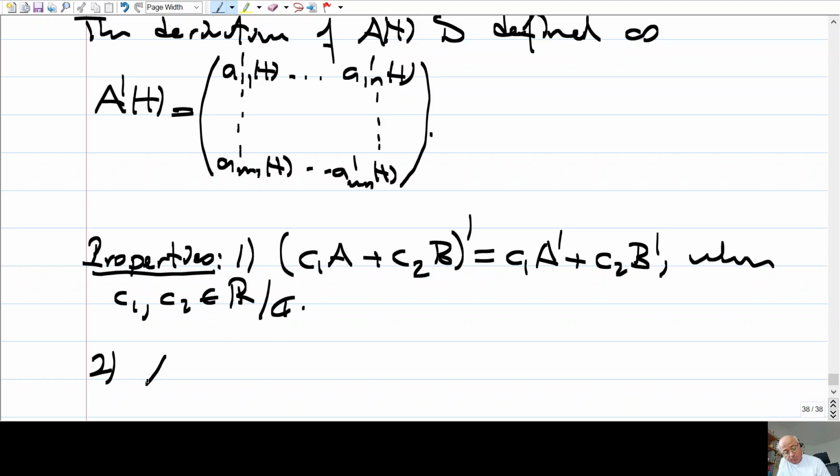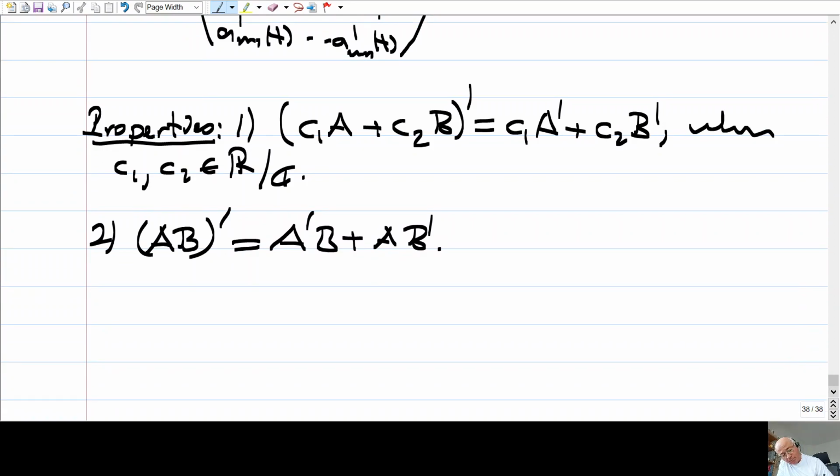What about products? If you have two matrices which can be multiplied, then the derivative of the product will be just A prime B plus A B prime. Why is that? Well, this is simple.